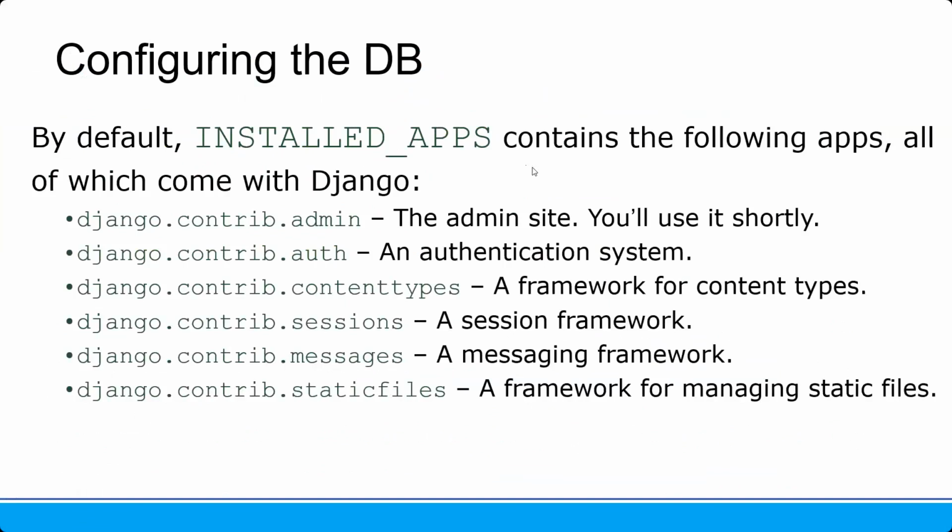And also with the installed apps. We will look at those in detail, maybe not all, like admin. It means you are going to deal with the admin. Authentication, so you can use this auth to check the user and password name. You can use the content types.